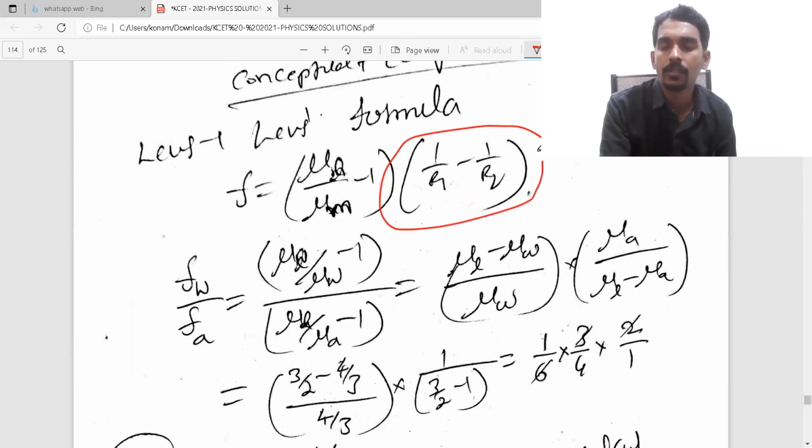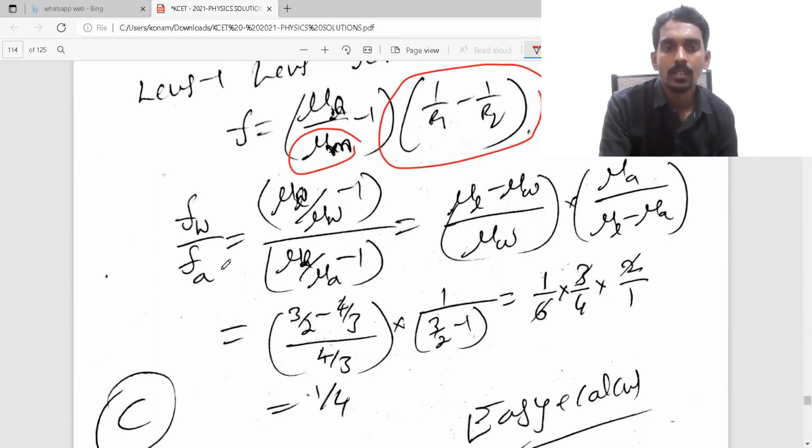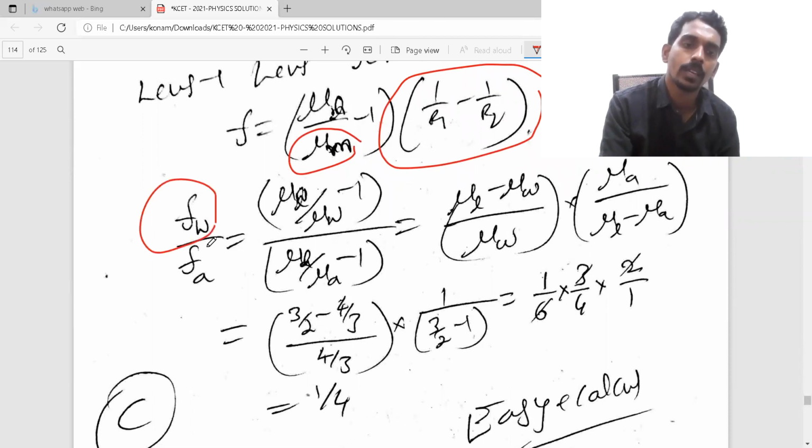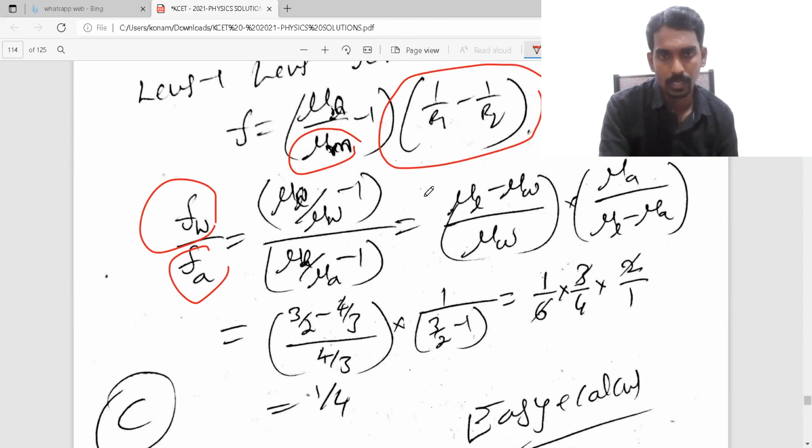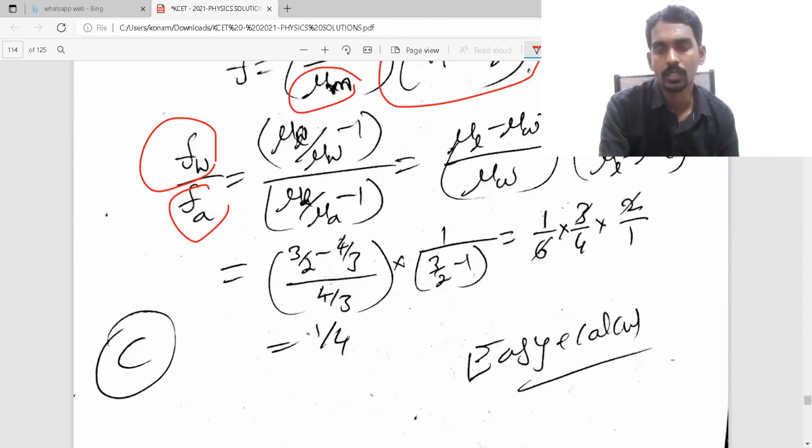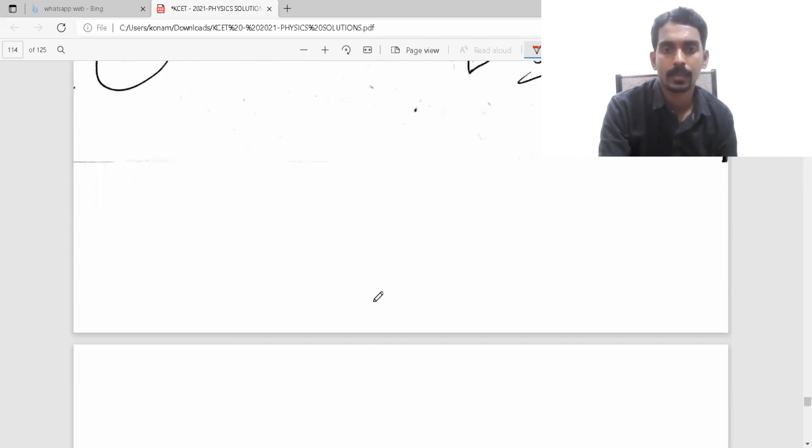The rest is the same wherever you place it, but this will change, so the focal length changes. So you take the ratio f in water by f in air. Here the lens and water will come, in the other case the lens and air will come, and the common part will get cancelled. Now if you solve this, all values are given, and you will get the answer.